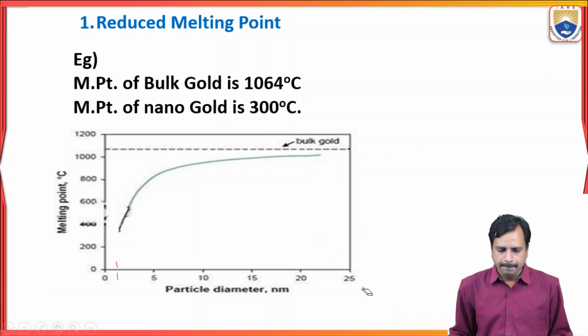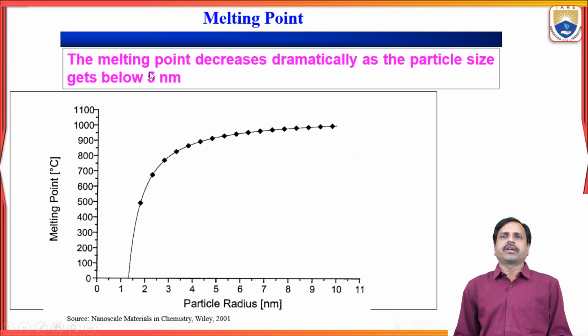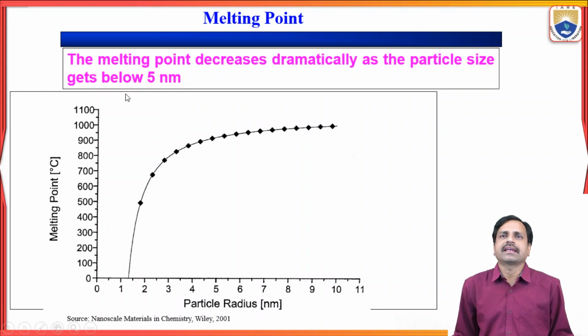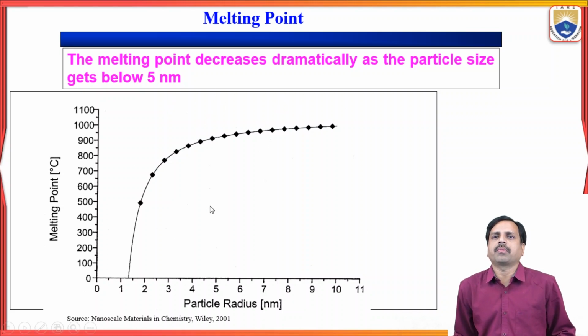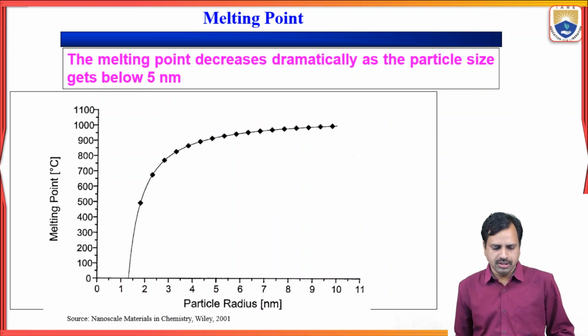We can see the melting point decreases drastically as a particle gets below 5 nanometers. This is also one of the noticeable points. I have taken this reference from Nanomaterials in Chemistry, published in a nanomaterials journal.